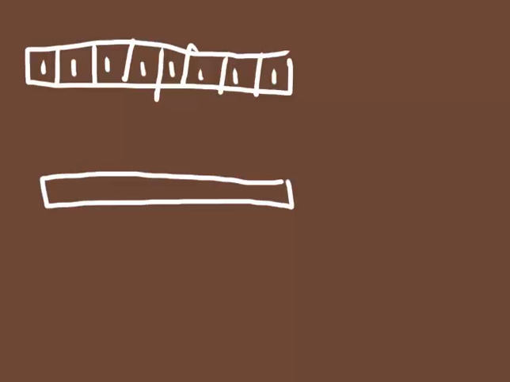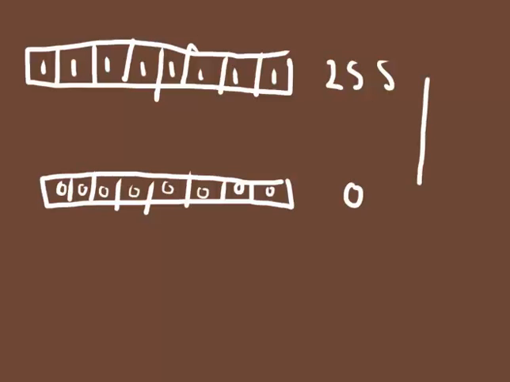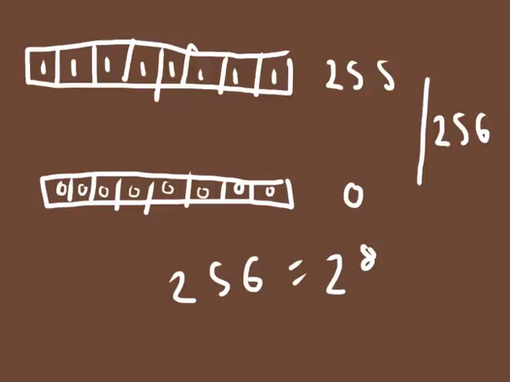That's the biggest number. The smallest number you can represent is all the zeros, 0, 0, 0, 0, 0, 0, 0, 0. That gives you a range between these numbers, and all the different combinations you can represent, the biggest number being 255 and the smallest being 0. So between there and there, there's 256 different colors, and 256 equals 2 to the power 8.